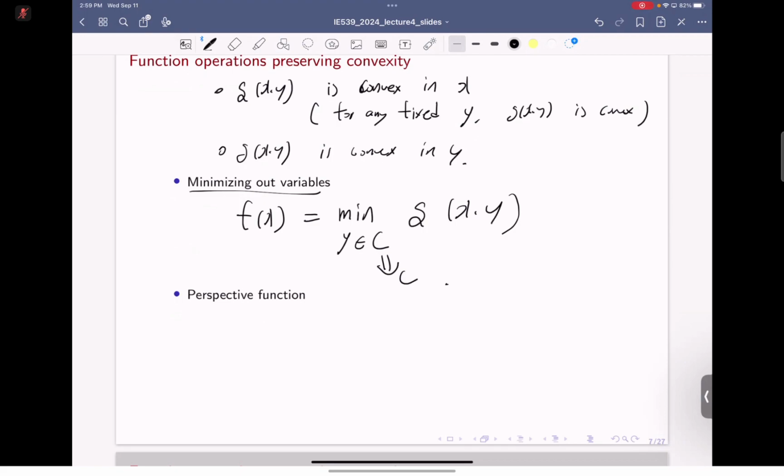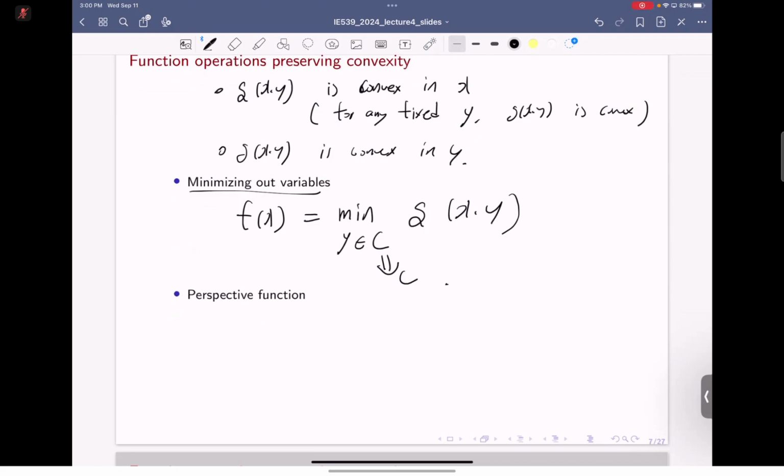But moreover, we are collecting all possible choices for y, and I take the minimum value among them, and that's still convex. It's non-trivial to prove, but it's okay just to remember the statement.